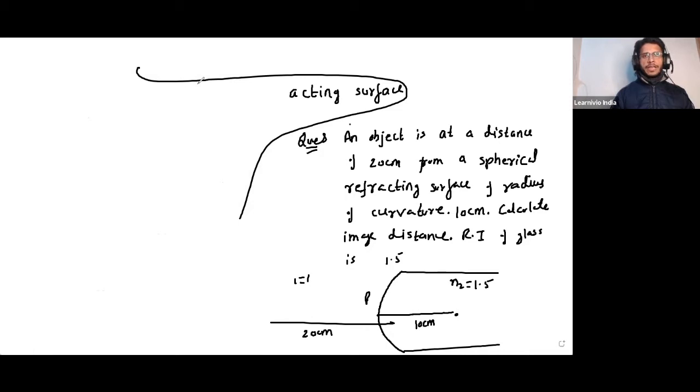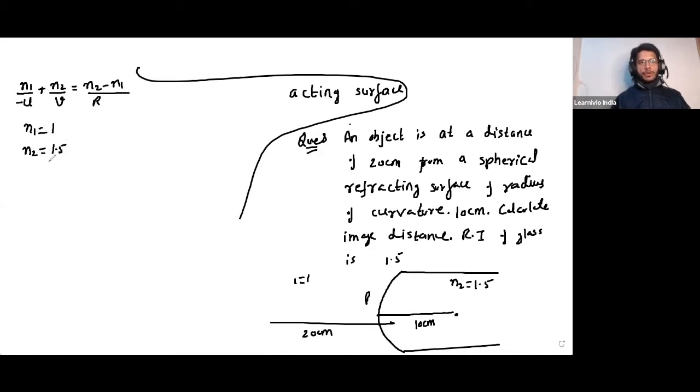So this is the relation that we will be using: n1 over minus u plus n2 by v is n2 minus n1 divided by r. Now, how much is n1? n1 is of the rarer medium, which is 1. n2 is the refractive index of the denser medium, which is 1.5. u is your object distance.